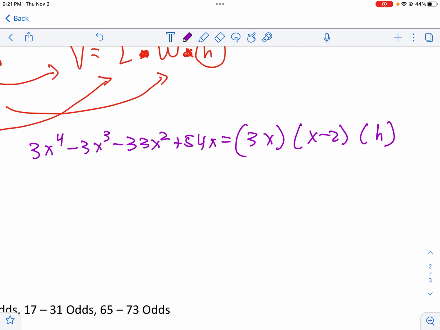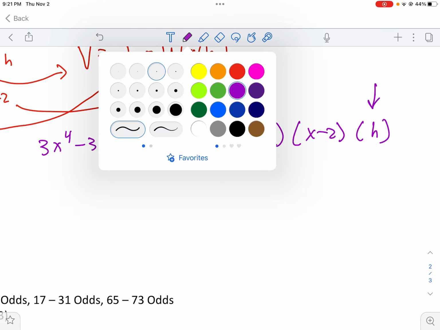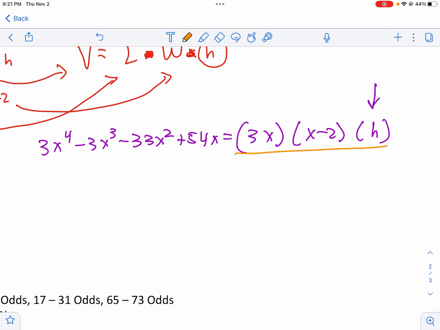So you're like, where do I start? Well, I need to solve for h, so I need to find a way to get rid of that. Just divide. Divide by 3x. That will reduce it, so they're gone. And now I just need to divide each one of these by that 3x.